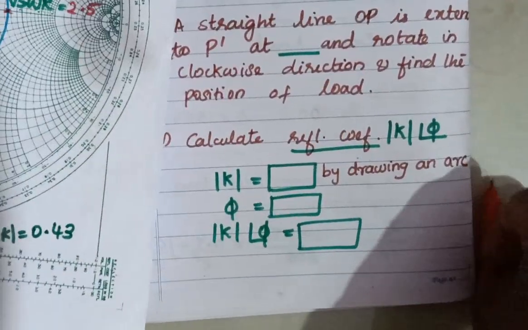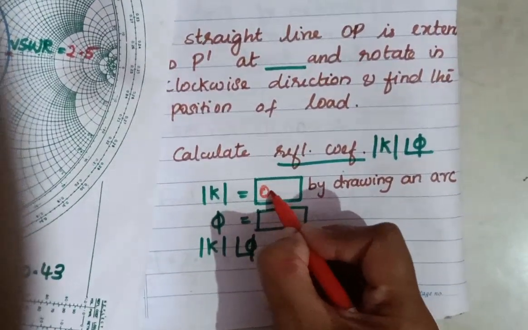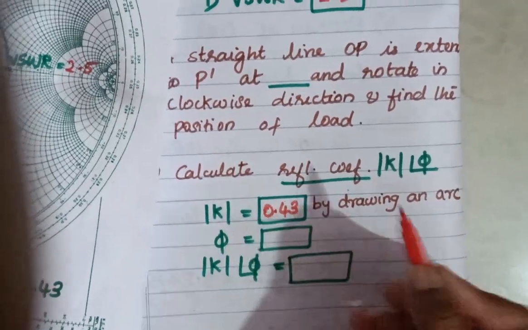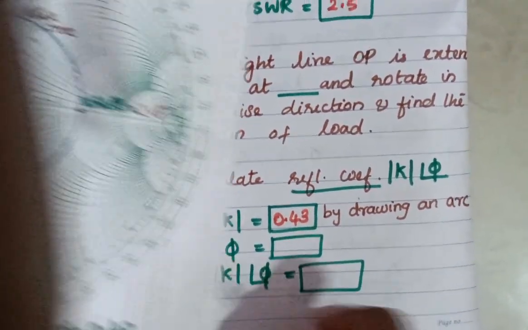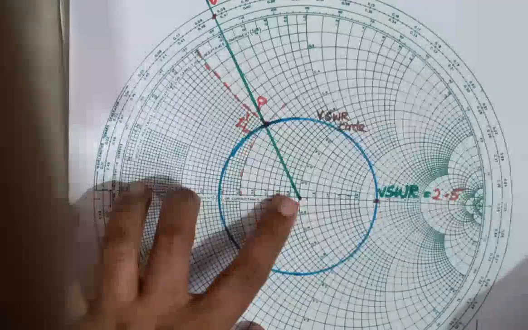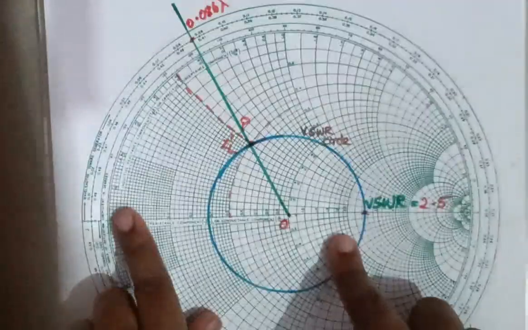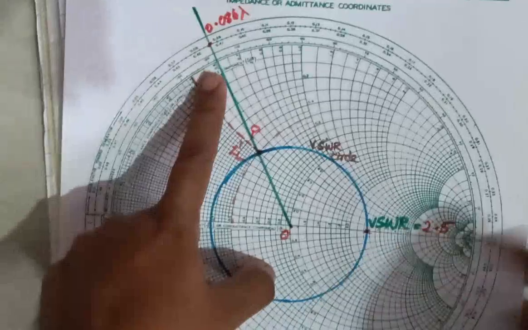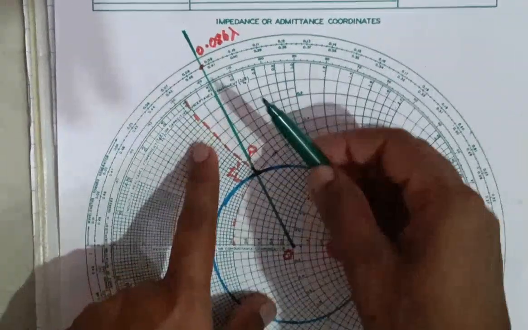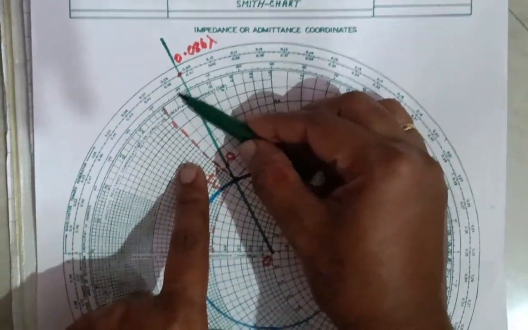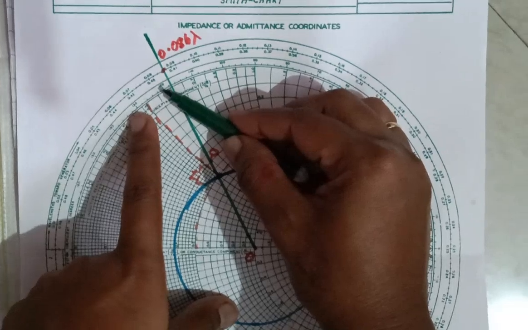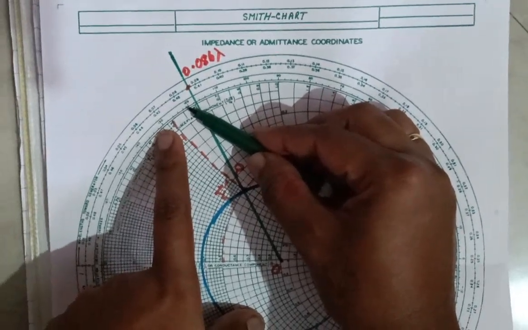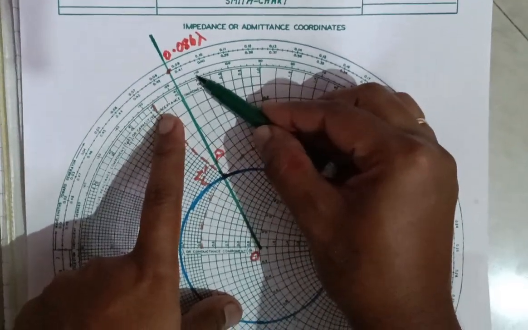We have calculated the magnitude as 0.43. We have to calculate the phase angle. How to calculate that? Just look here. The angle of the reflection coefficient is given in the graph. Here it is given as 120 degree, here 110 degree.